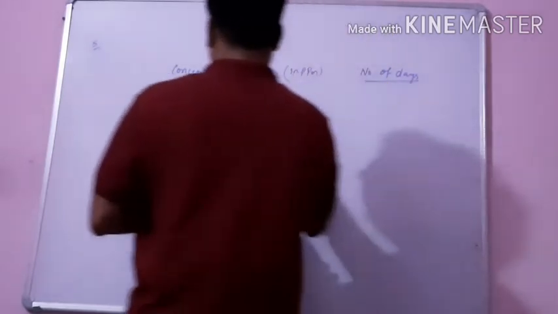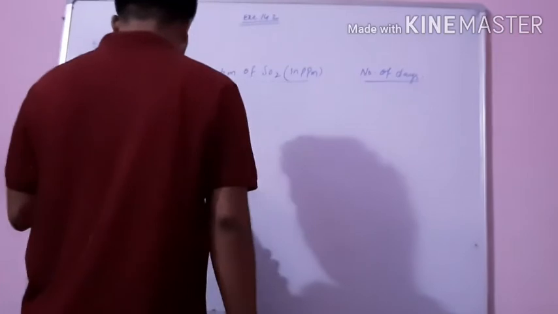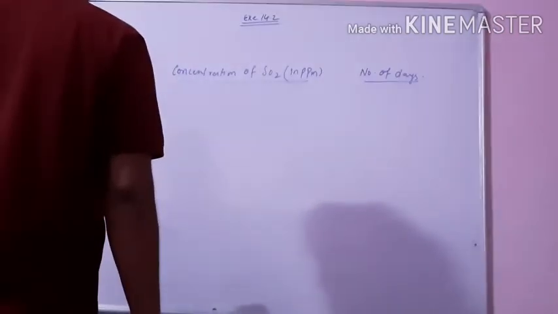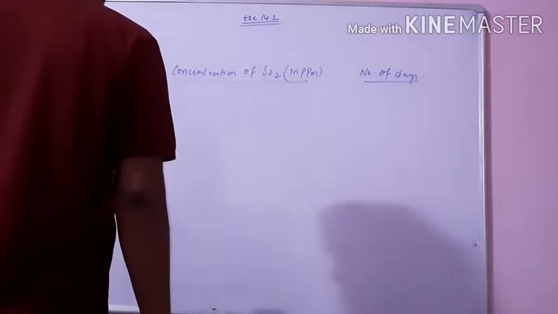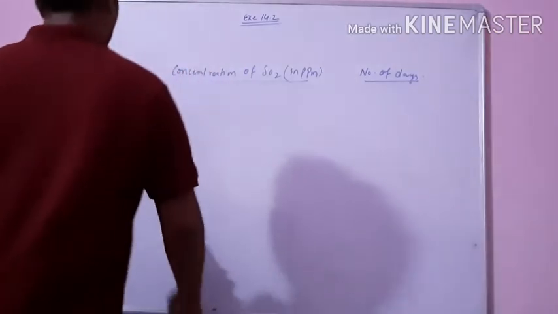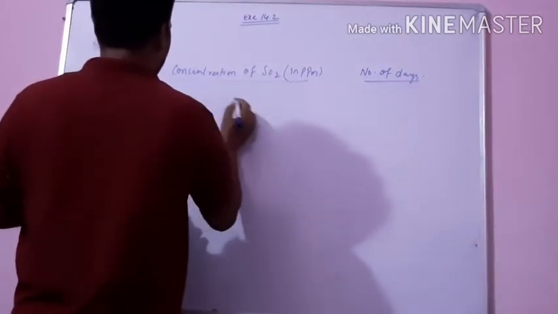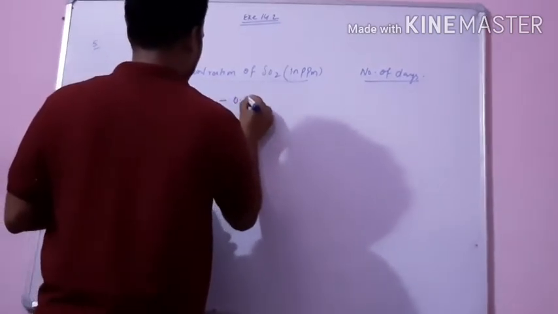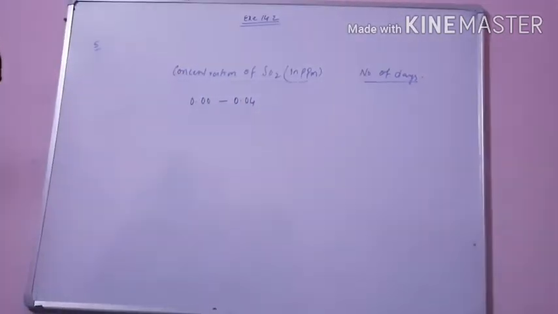Number of days. See, in the data, the maximum value is 0.22. So by making class intervals of class size 0.04, 0.22 will lie in between 0.20 to 0.24.